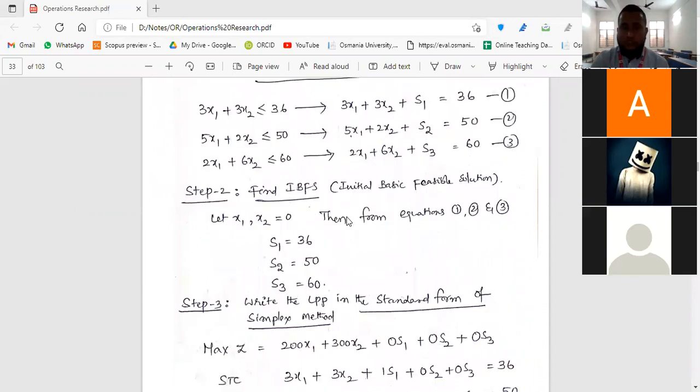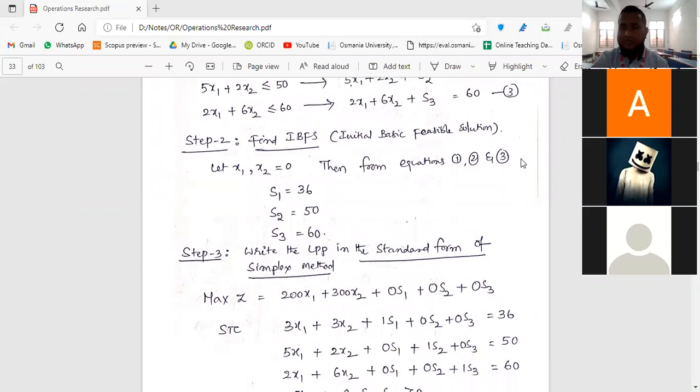So step 2 is you need to find out the initial basic feasible solution, IBFS in short form. So here what you have to do is assume that x1 and x2 values are 0.